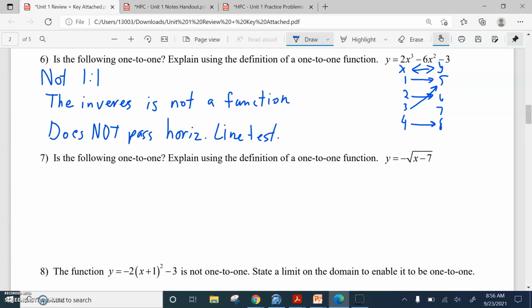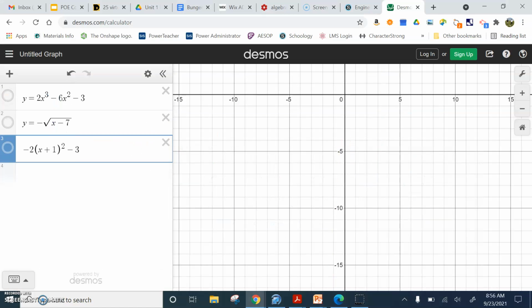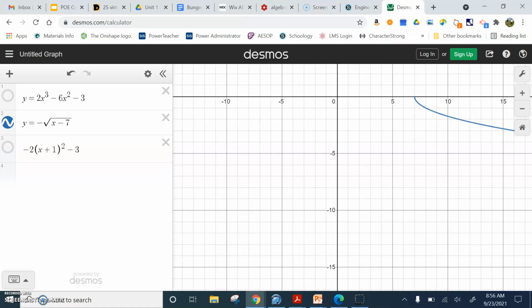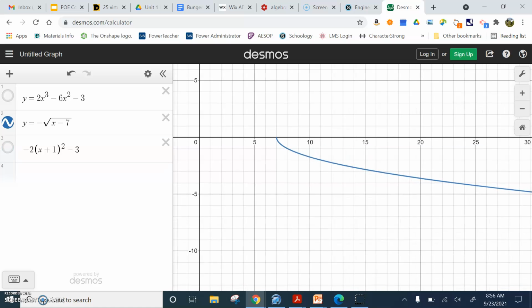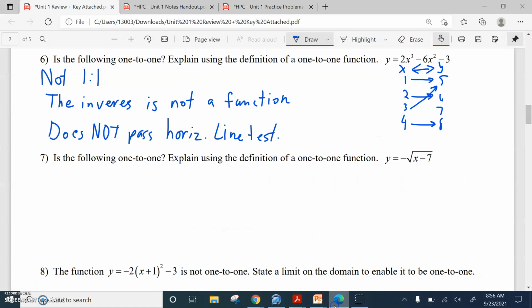Okay. So that's number 6. Number 7, we're going to do the same thing. We're going to graph that. And you can see that on the horizontal line test, we have passed, because nowhere can I draw a horizontal line and pass through the graph more than once. So that means that we have, in fact, passed the horizontal line test. Is this one-to-one? Yes.